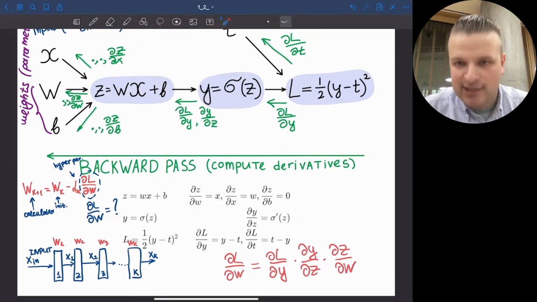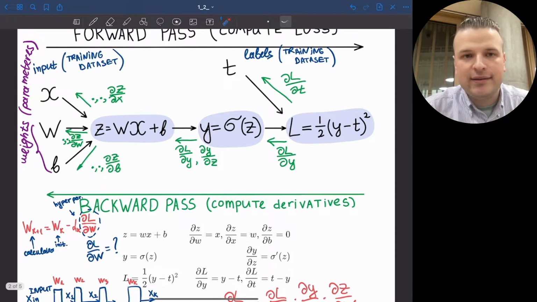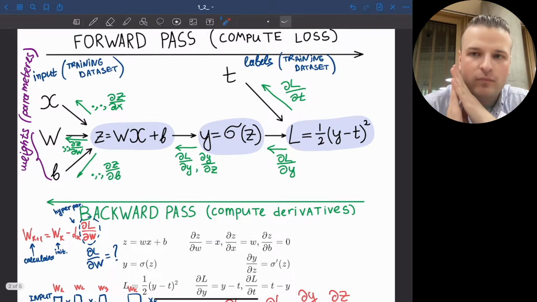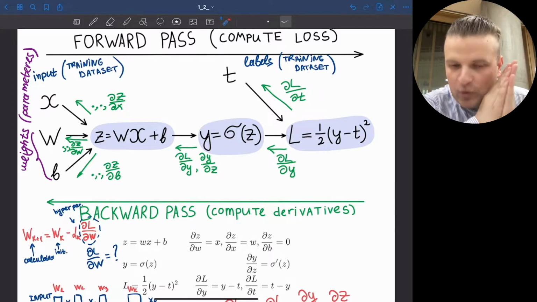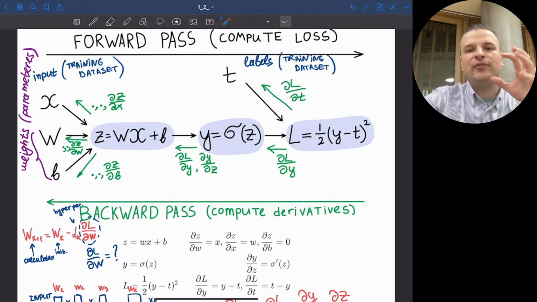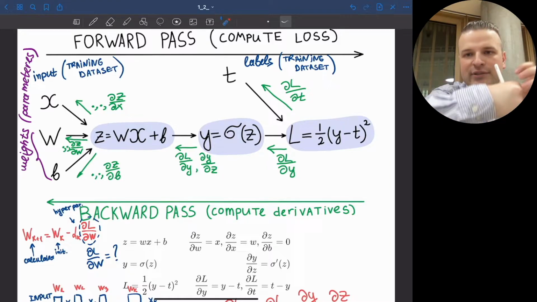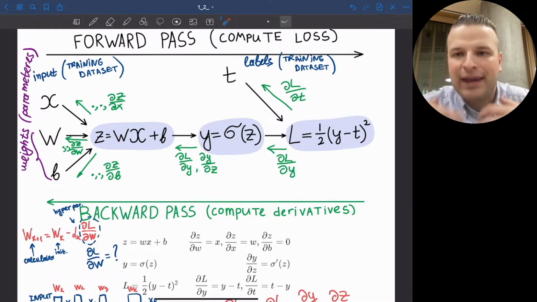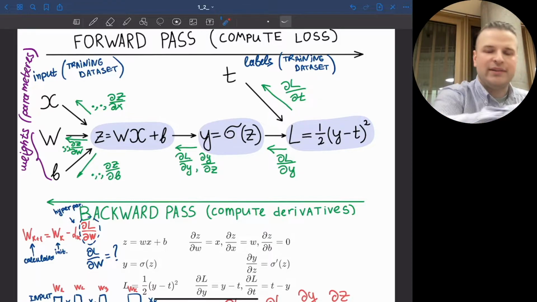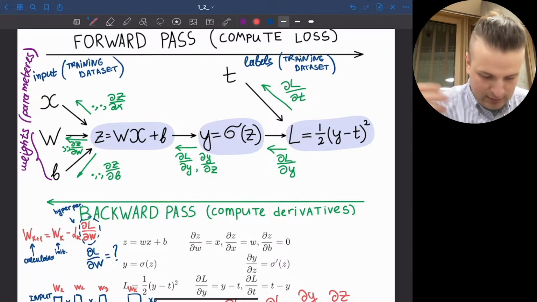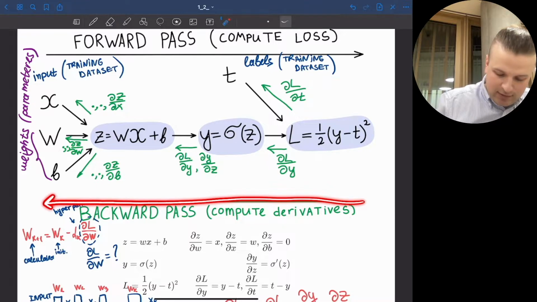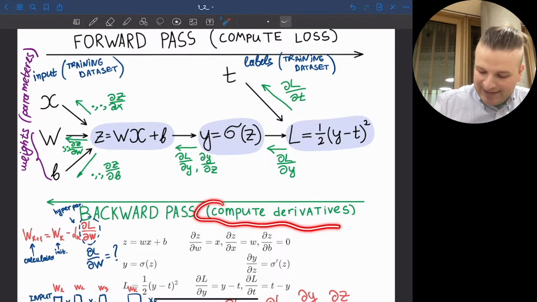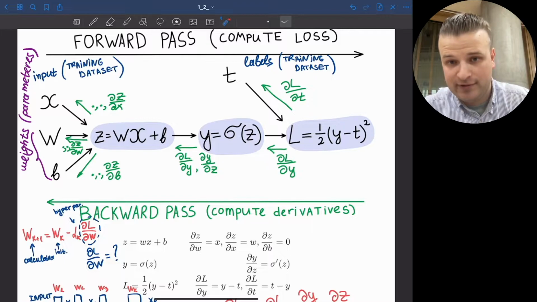And etc. and etc. So the whole idea is to go from the end of your computational graph to the beginning of your computational graph and take all your intermediate derivatives with you and propagate them until the very end of your process. And actually, that's called backward pass. You are computing derivatives here. That's the difference.